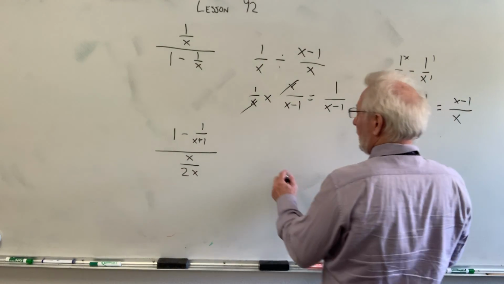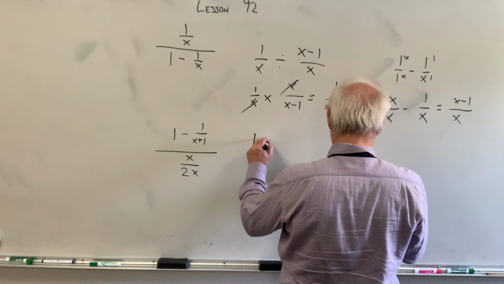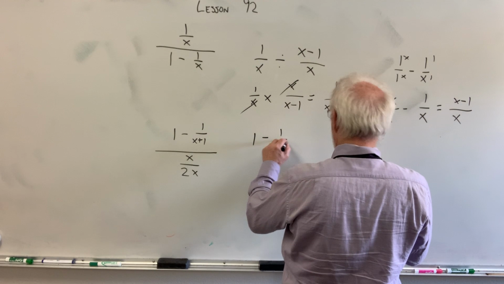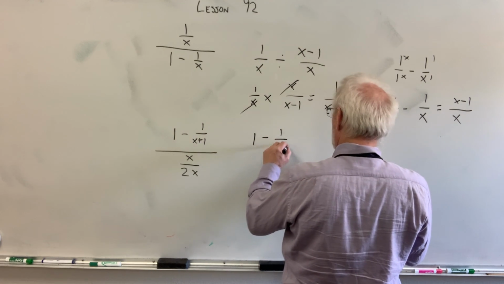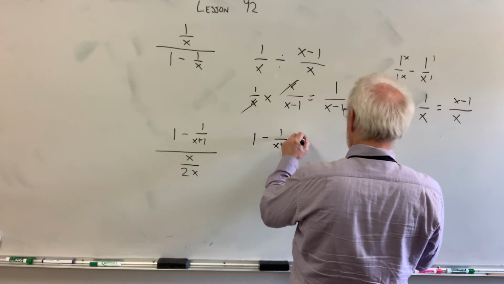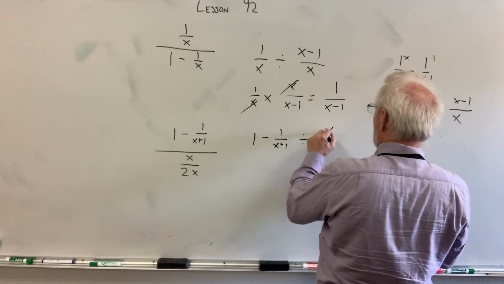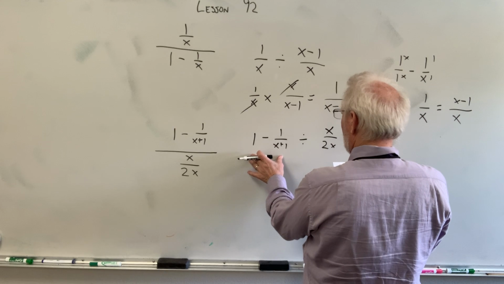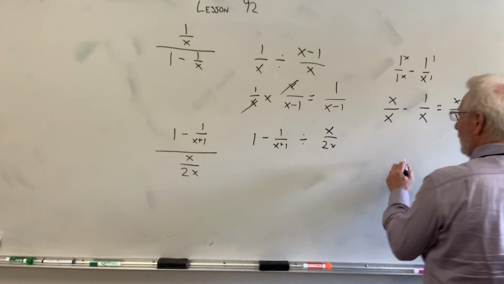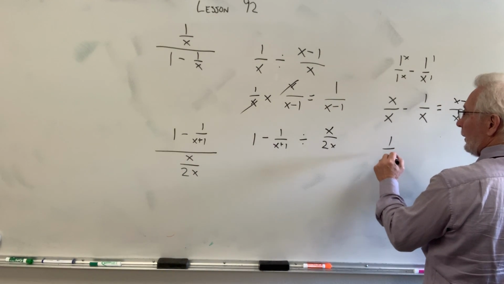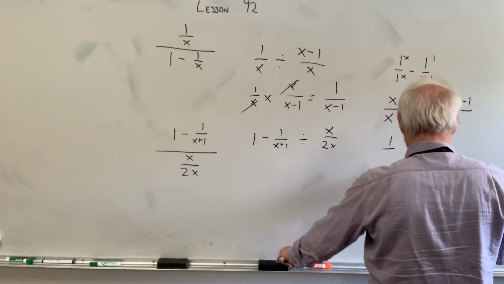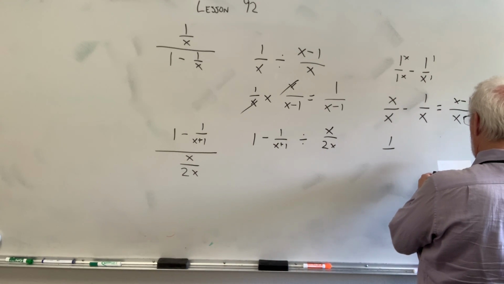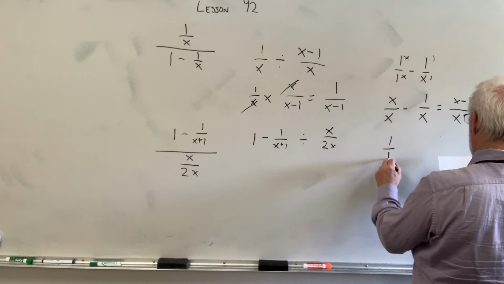All right, so once again, you're going to get 1 minus 1 over x plus 1 divided by x over 2x. Now, here again, we keep that right there. We get the 1 over 1.